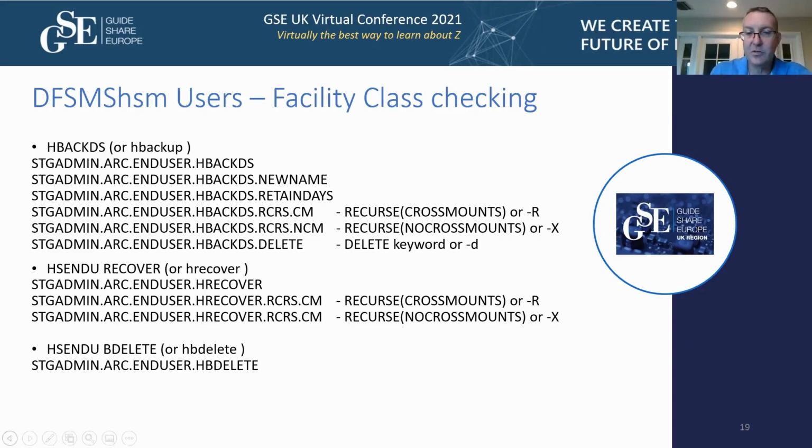I did have some concern from some storage administrators about the -R, which means cross mount points, so go into subdirectories and into zFSs as you cross mount points. Some storage administrators said, I'm not going to allow normal users to do that type of big processing. But they might allow the no cross mounts type processing so that users could back up their own directories.